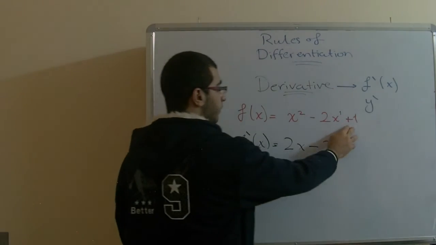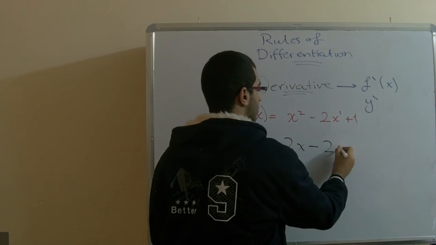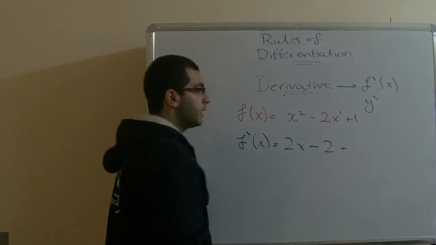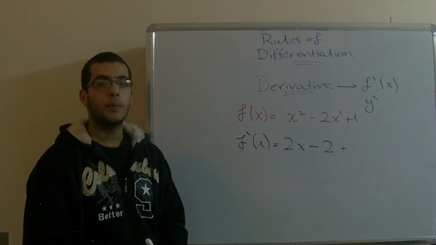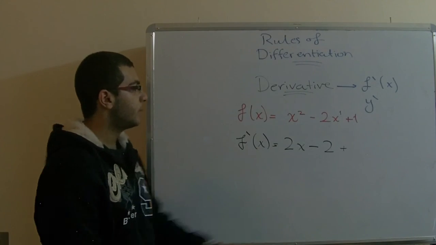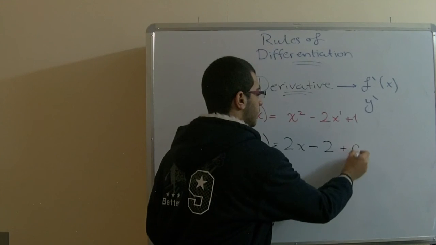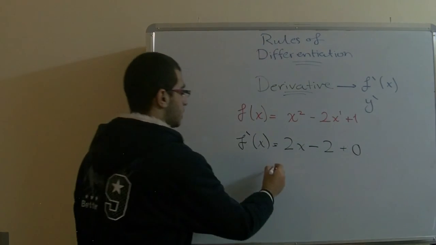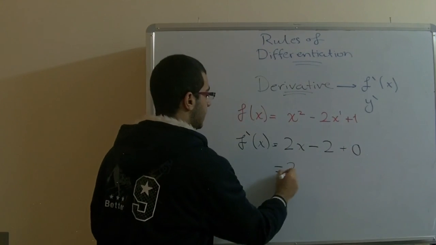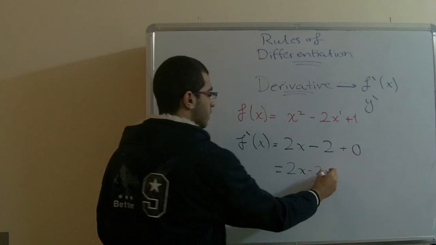The third term is plus 1. And the 1 here represents the a. There's no variable here. So at once we type 0. So the derivative of this function is 2x minus 2.